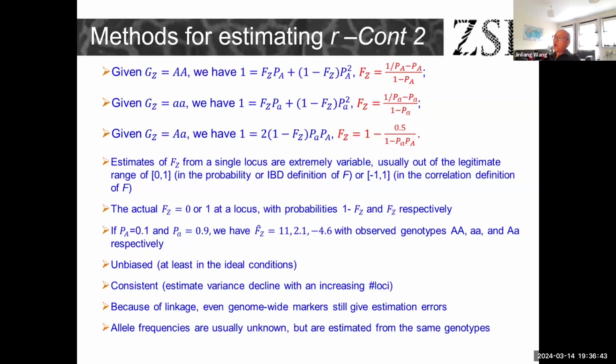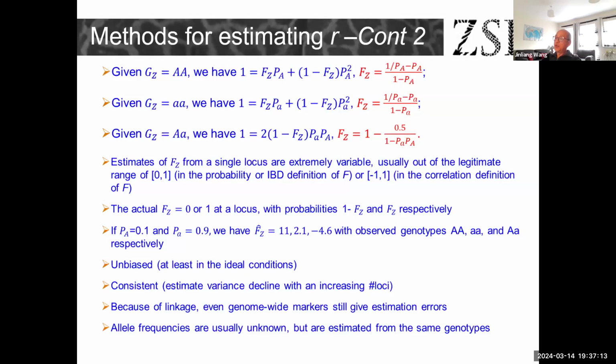But no matter how many markers we use, there is always a variance in the estimates because the markers are linked. We have a limited genome size, realistically. I think the most important thing affecting marker relatedness or inbreeding coefficient estimation is not genome size or the number of markers.